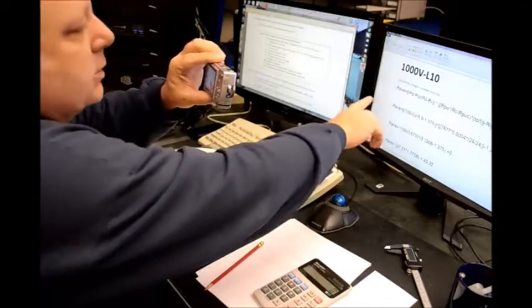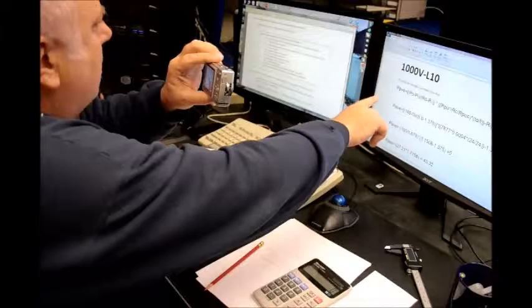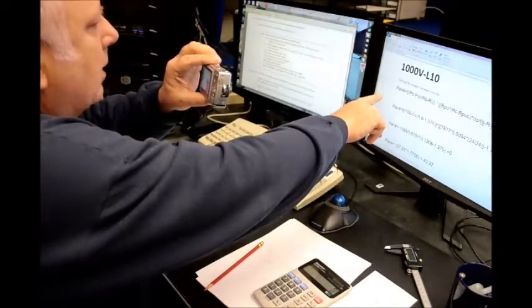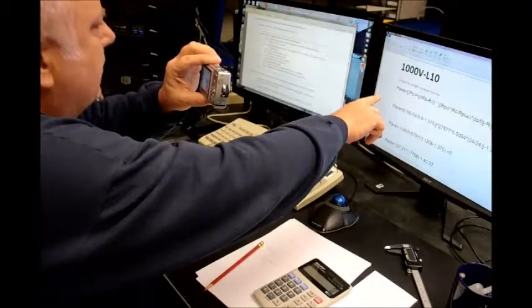So our average is equal to PO, the outer circle reading, which is 100. PI is the inner circle reading, which is 0.